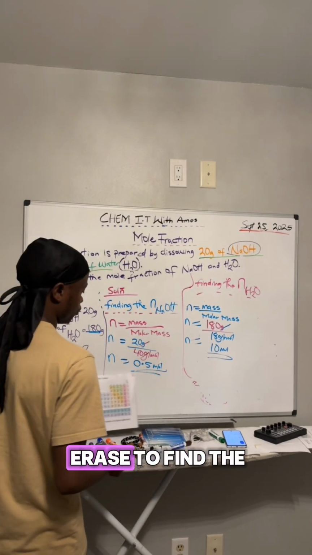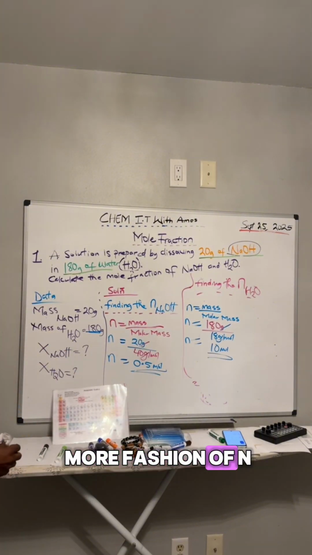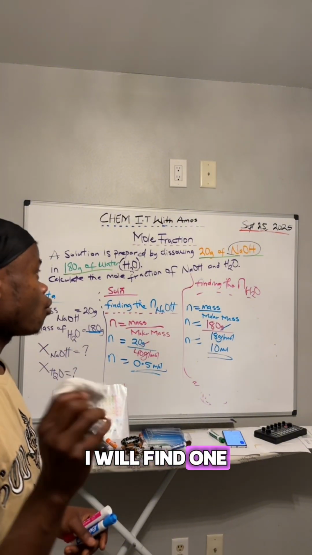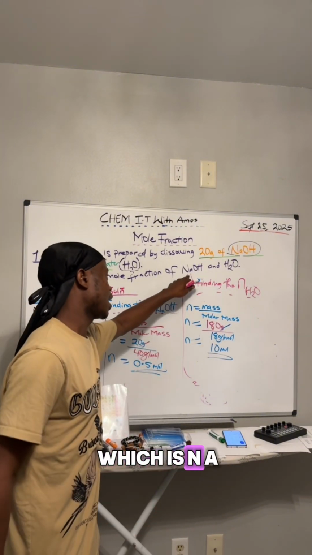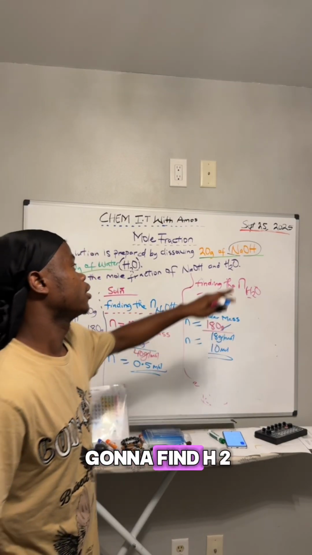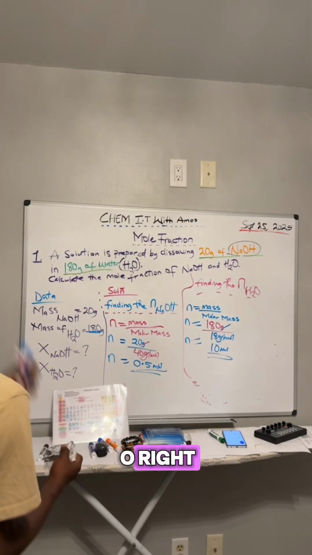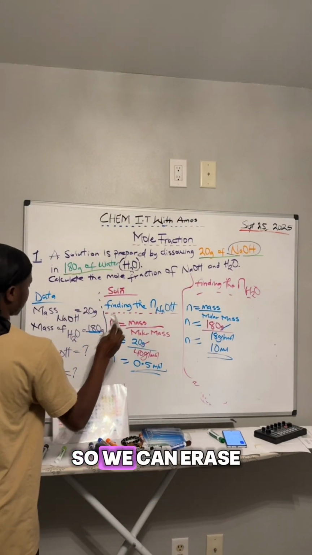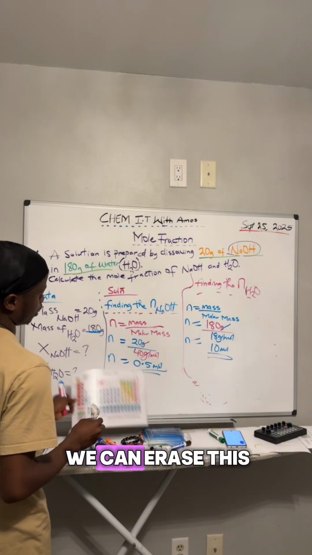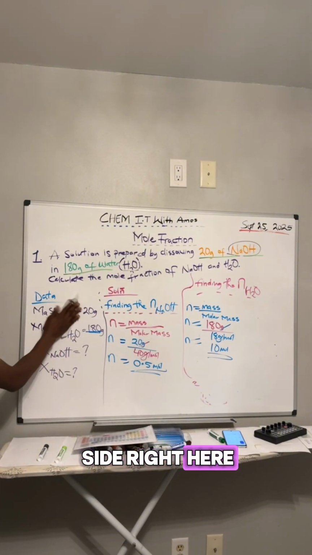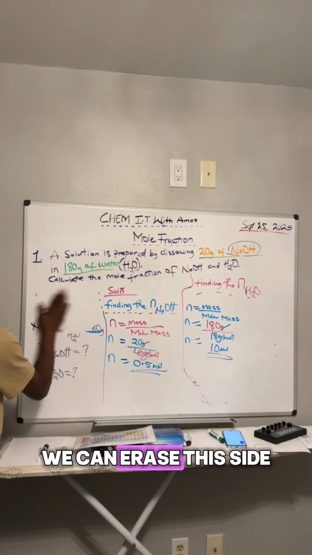So we can now erase to find the mole fraction of NaOH. I will find one, which is NaOH, and you could have found H2O, right? So we can erase this side right here.